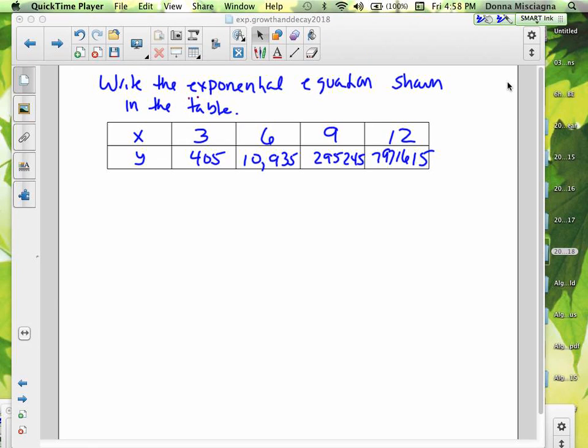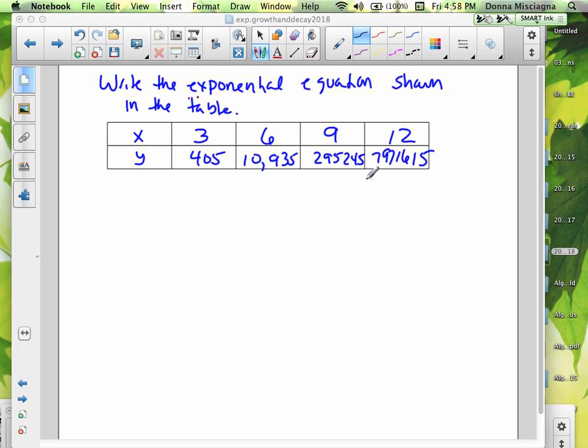So 405 and 10,935 are not consecutive terms. I deal with this for the very first number I write, and then usually it's not so bad.